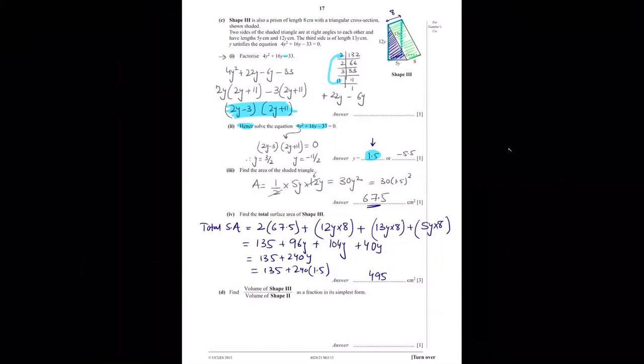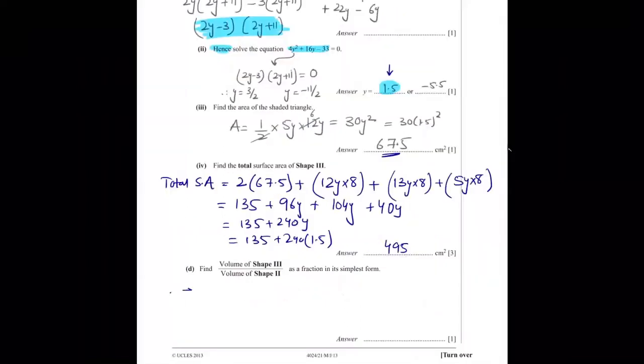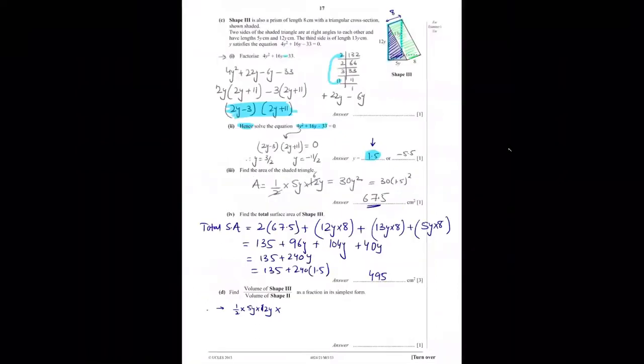What is the cross sectional area of the triangle? The cross sectional area of the triangle was half times 5y times 12y, times the length was 8. That is the volume. This is the cross sectional area times the length.